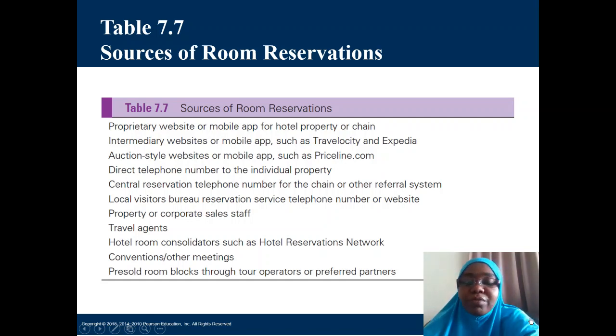Apart from those, the local visitors bureau reservation service telephone number or website can also be used, or the property or corporate sales staff. We also have travel agents. You can go through them to book your hotel or accommodation facility. Hotel room consolidators are also available, such as the hotel reservation network. Then we have the convention and other meetings, and lastly, the pre-sold room blocks.